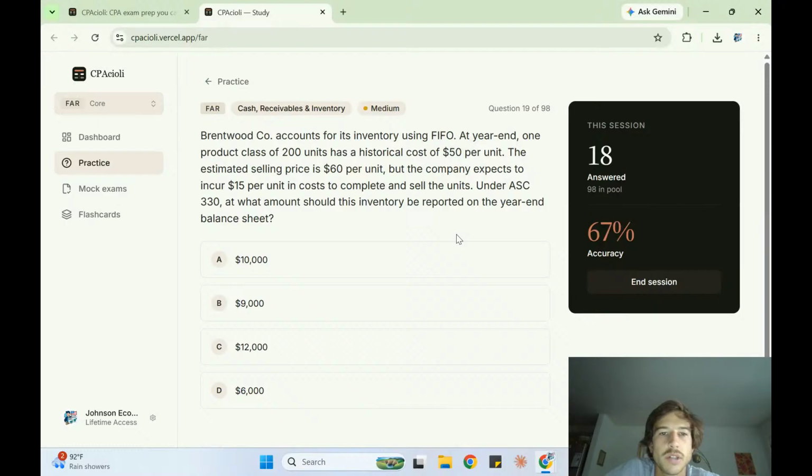One product class of 200 units. Historical cost of 50 per unit. Estimated selling price is 60. Okay, this should be pretty easy. All right, let's think about this. FIFO, 200 units, $50 per unit. So that's 10 grand.